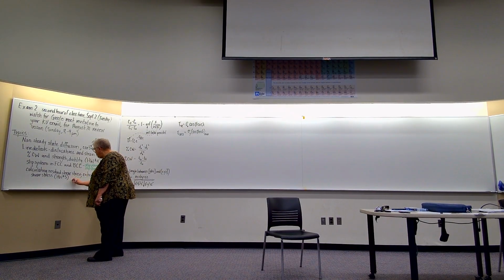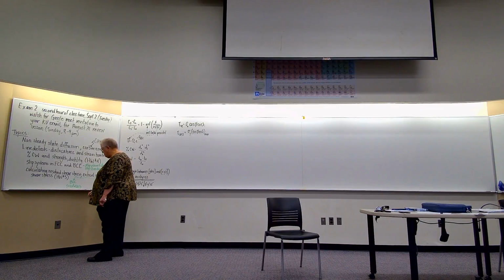So for BCC, the planes are the 110 planes, and the directions are the 111 directions. You won't have to come up with a list.